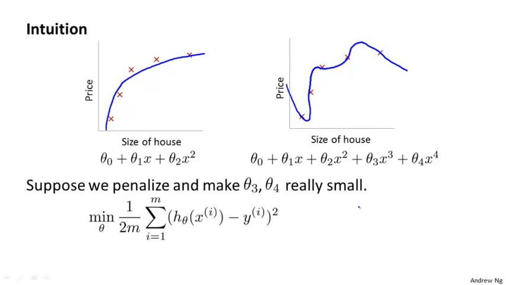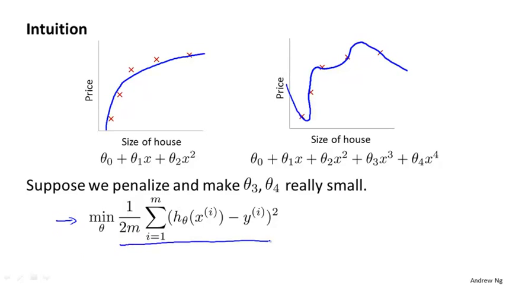Consider the following. Suppose we were to penalize and make the parameters theta 3 and theta 4 really small. Here's what I mean. Here's an optimization problem where we minimize our usual squared error cost function.